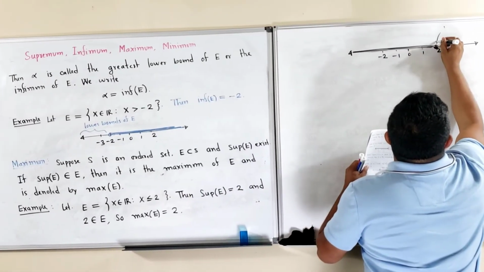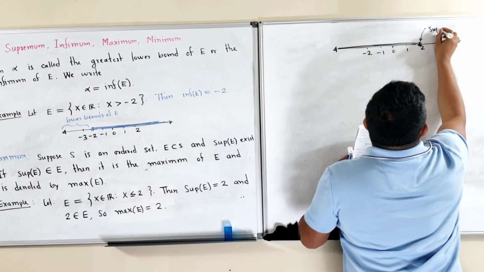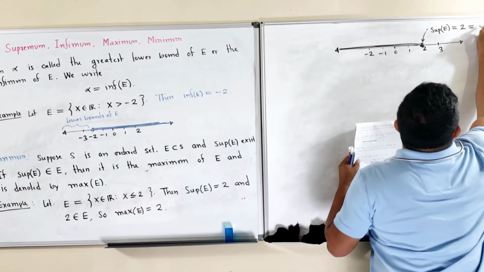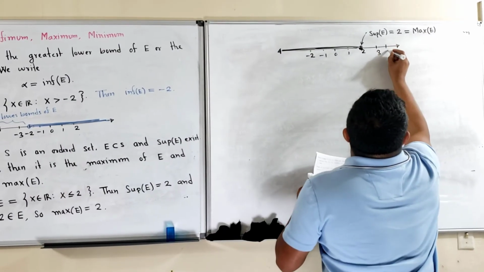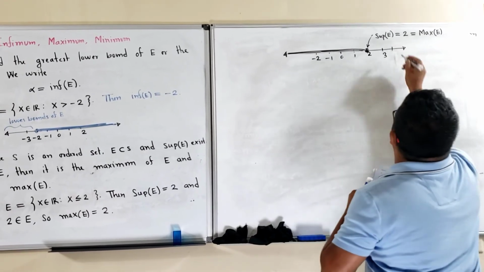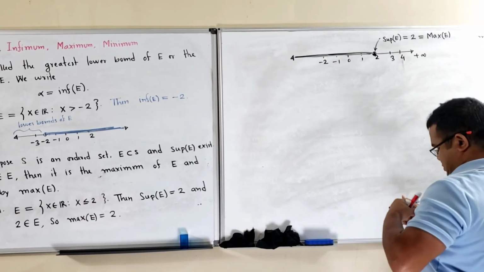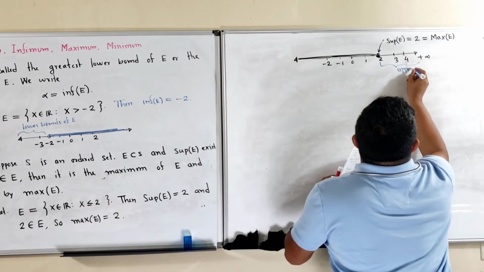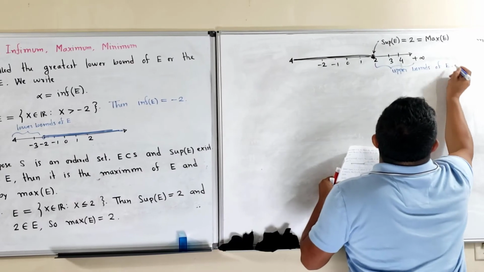So the supremum of E is 2, and that is also the maximum of the set E. And all of those numbers are upper bounds of the set E.